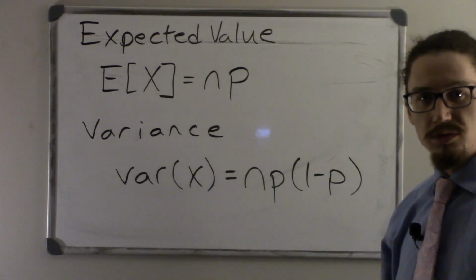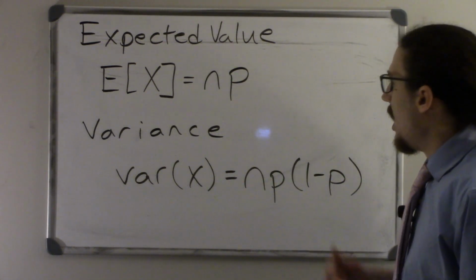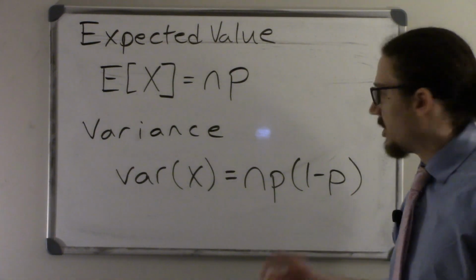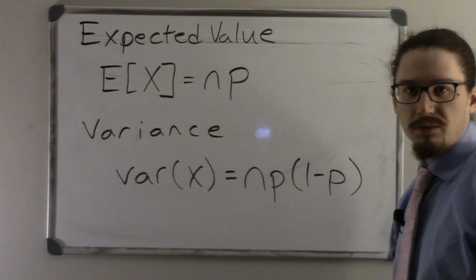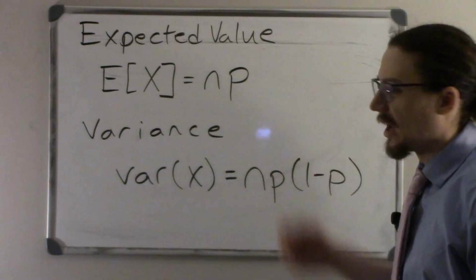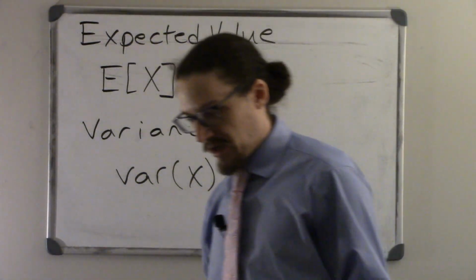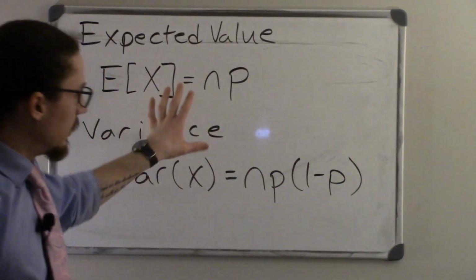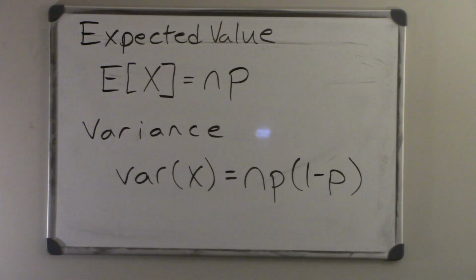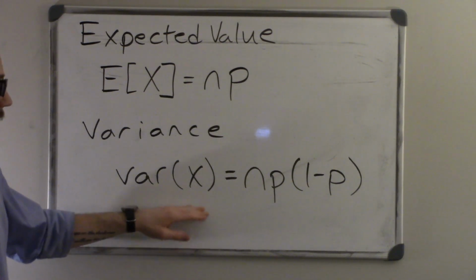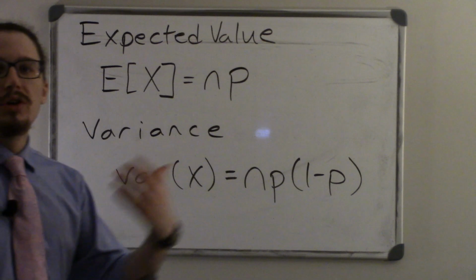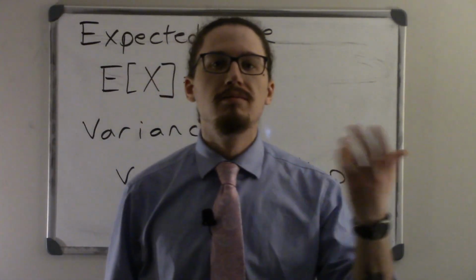All right? So we cannot use these for other discrete random variables. One, we're probably going to understand because we're not going to have a number of trials. We're not going to have a probability of success, right? This only works for the binomial random variables, right? It doesn't work for anything else, right?